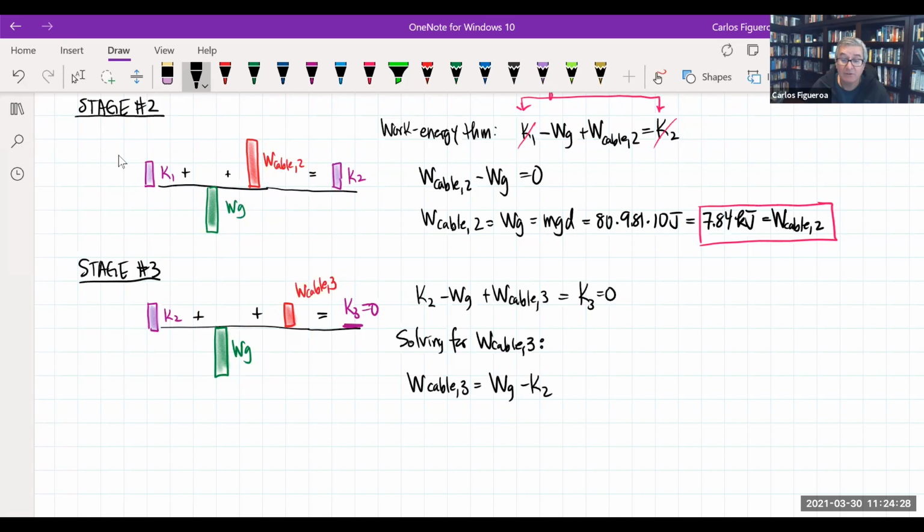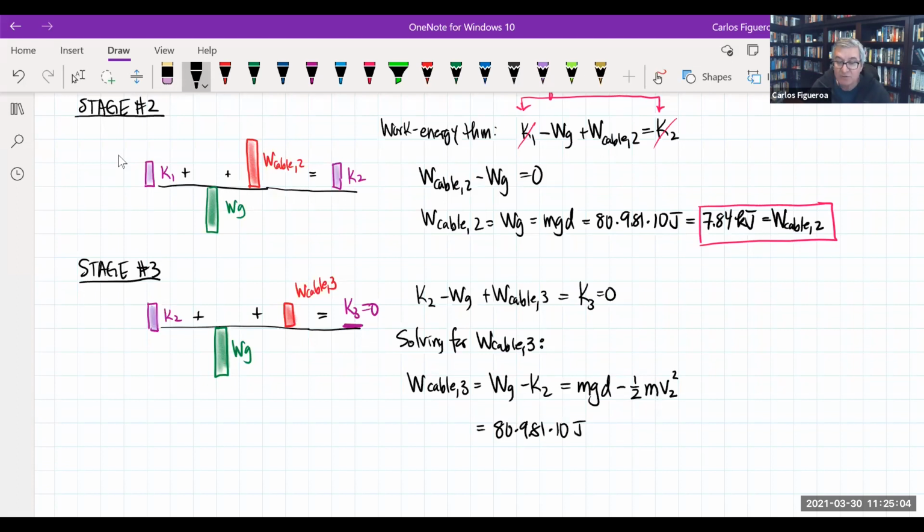So let's go do that. What's the work of gravity? Again, the exact same thing as before. And then kinetic energy is 1/2 m v2 squared. We calculated it before, but we didn't really write out a number, so let's just punch in our numbers again. So I know the weight, there's the weight, and I know the height.